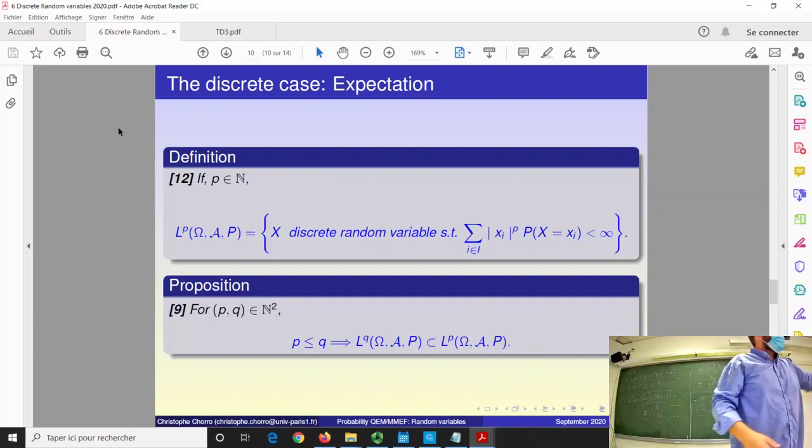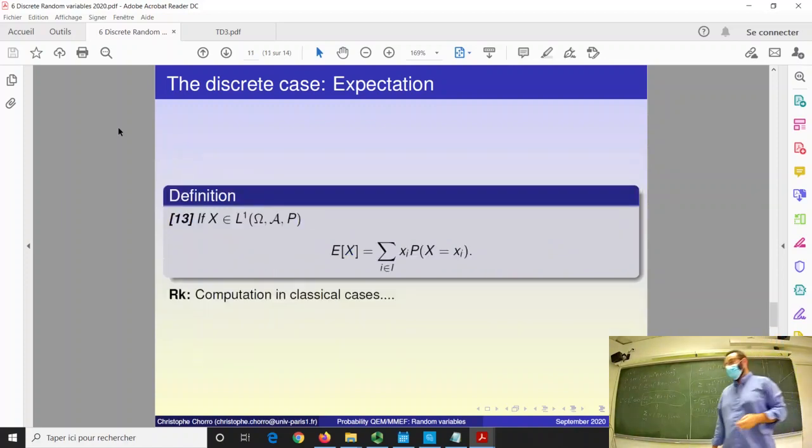So you will see now my definition of the expectation, a definition that most of you already know, without having defined L1, L2, and so on. But it's just to make this clear. So may I erase the board? You have this one also in the list of proofs.